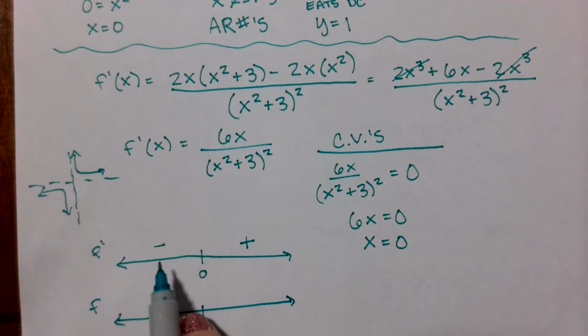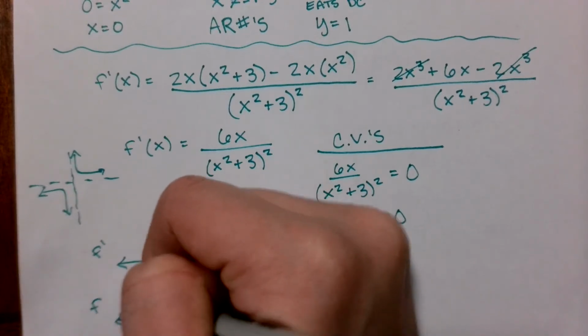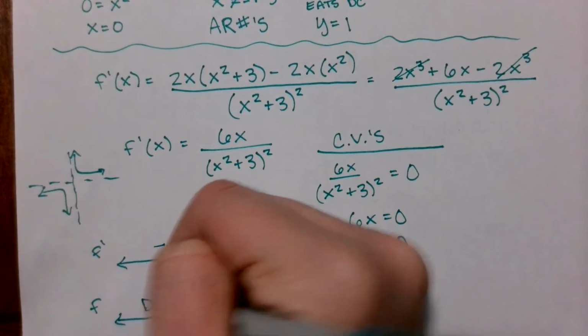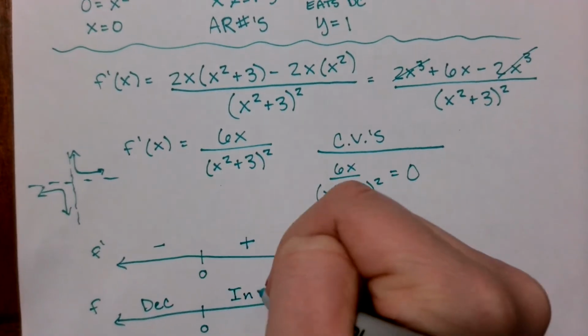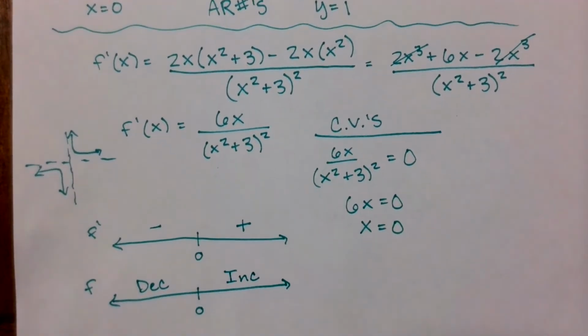That f is going to be going from decreasing. So you could draw yourself a line that's going down, or you could say decreasing, increasing. Sometimes it helps to go ahead and relate them right next to each other like that. And if we're going from decreasing to increasing, oh boy, I think, oh no, I'm good.